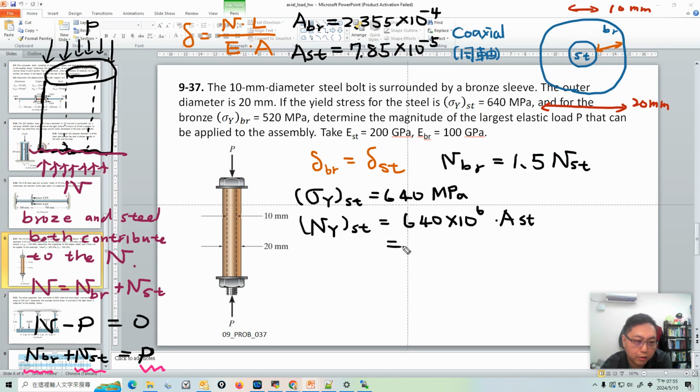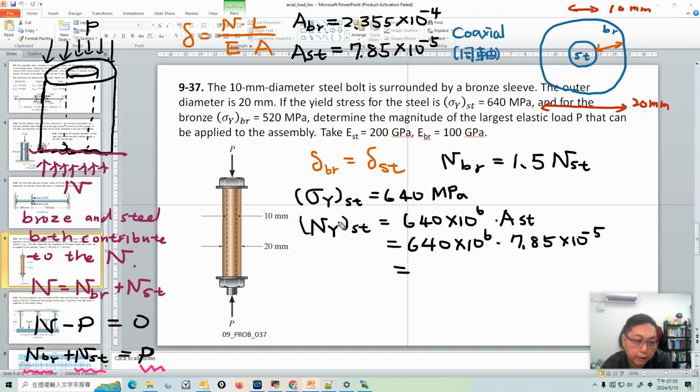So what's A_ST? A_ST is 7.85 times 10 to the power of minus 5.